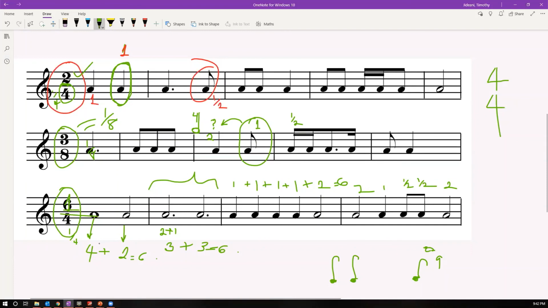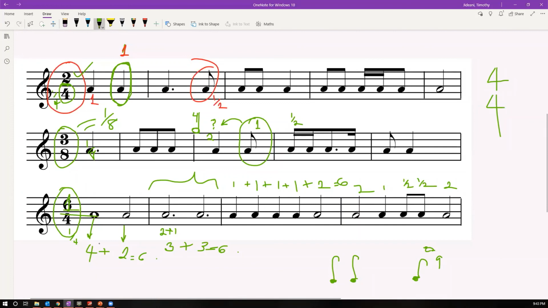Okay, this is how this will sound. So it will be 1, 5. And then this one would be 1, 4.